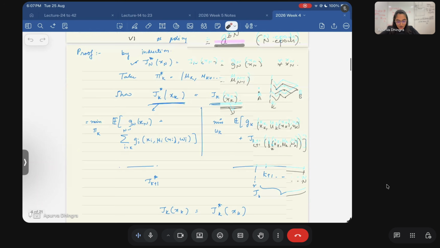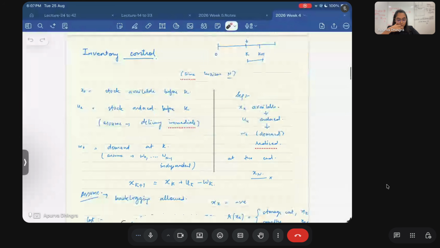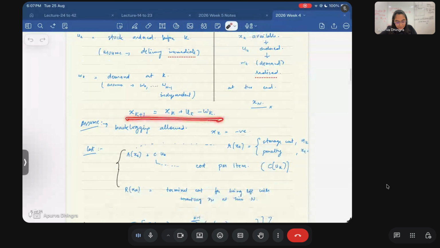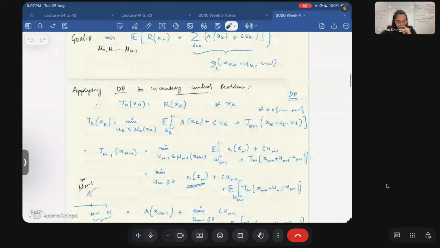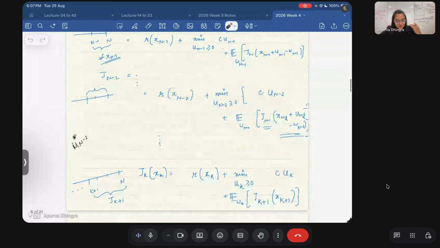Then we saw how it can be applied. We skipped the proof. We applied it to the inventory control problem, which had linear dynamics of this kind. In the process of applying it to this problem, we saw that the application is just recursively backwards.